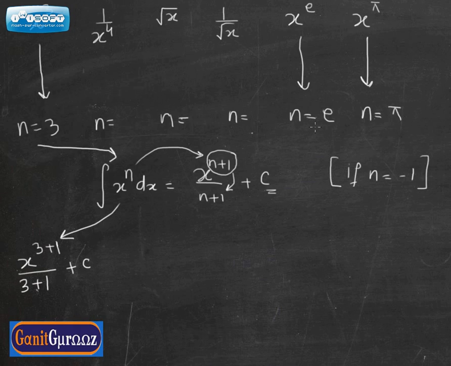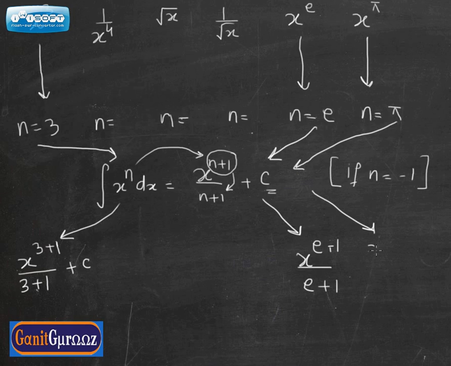In these cases, I can put in n is equal to e, and I will get x raised to power e plus 1 upon e plus 1. And similarly here, when I put in pi, I get x raised to power pi plus 1 upon pi plus 1. I can't simplify this any further, and in each of these, it's very important to write plus c. So these are the easier ones.